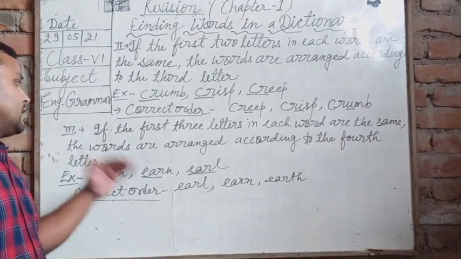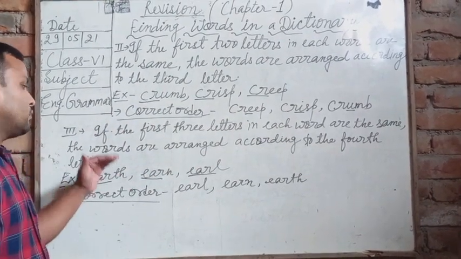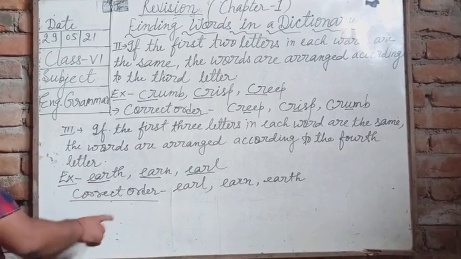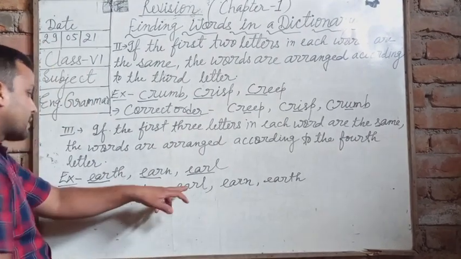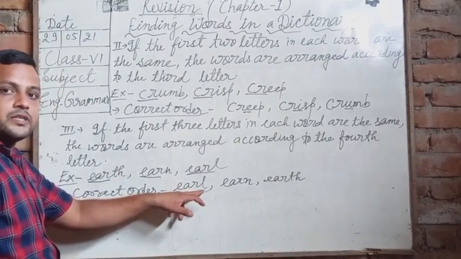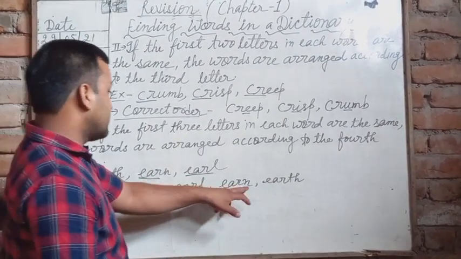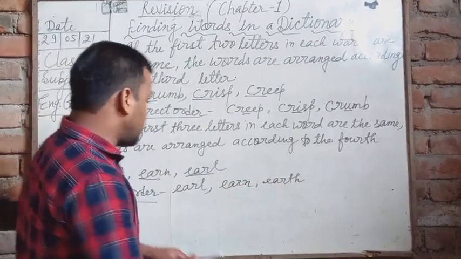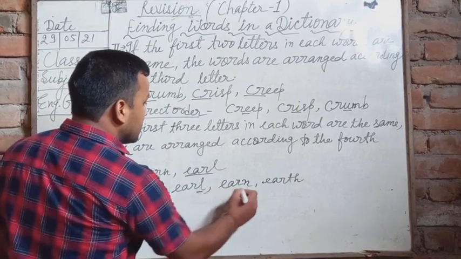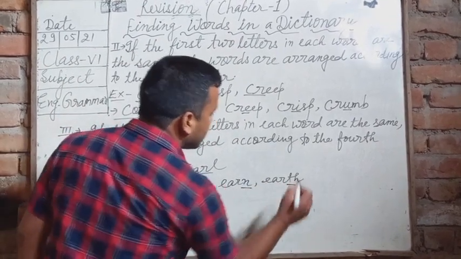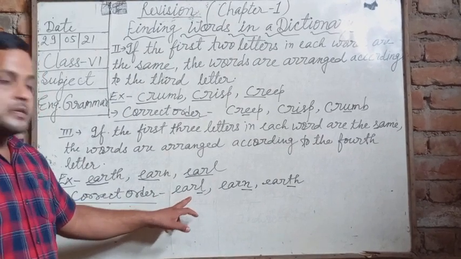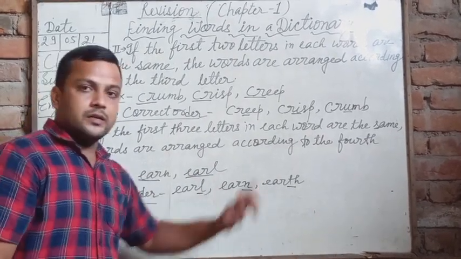So these words will be arranged according to the fourth letter. So what will be the correct order? L comes first in the alphabet, then N comes, and then T. So earl, earn, and earth.